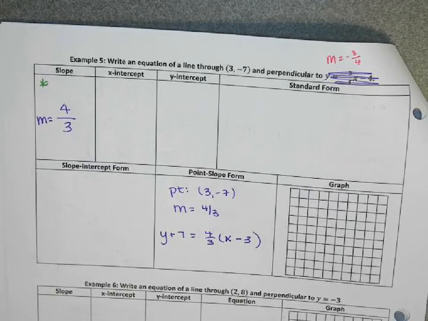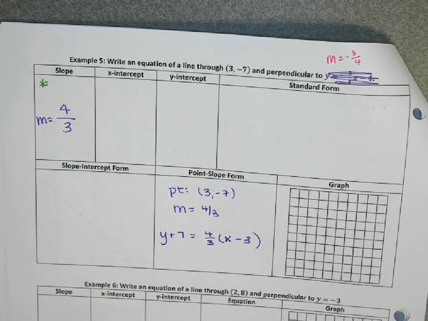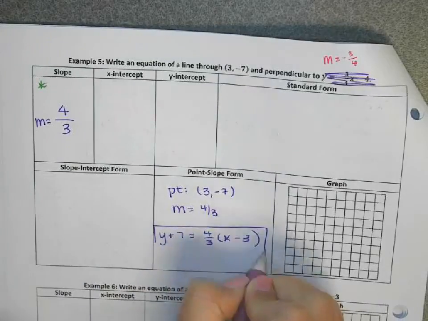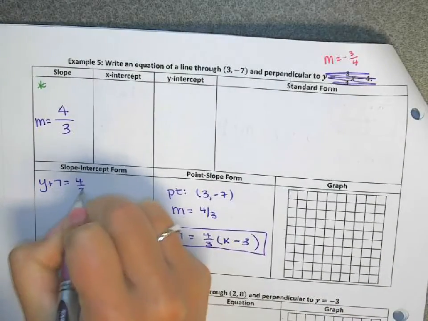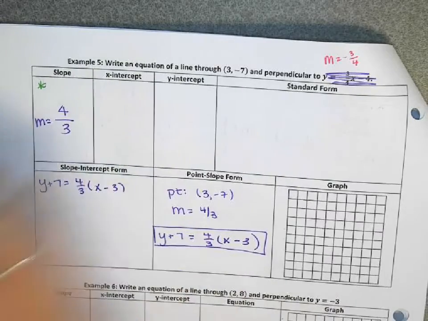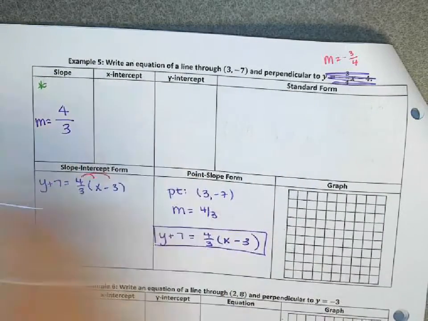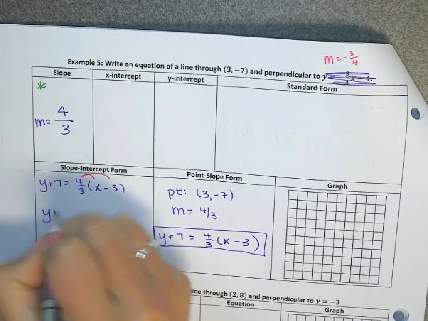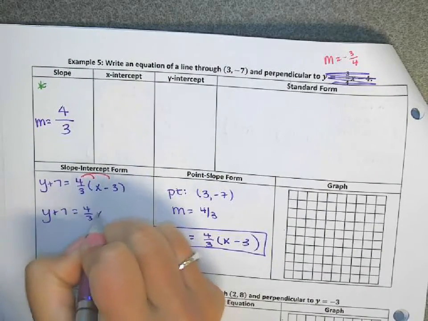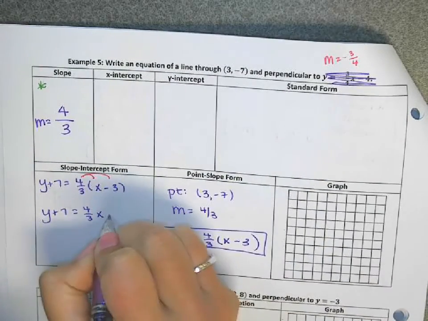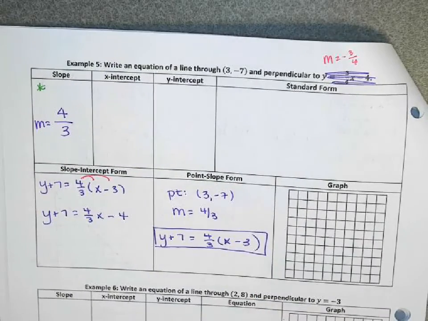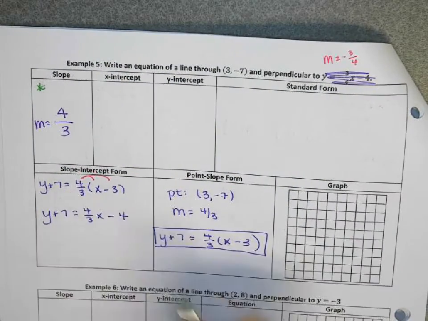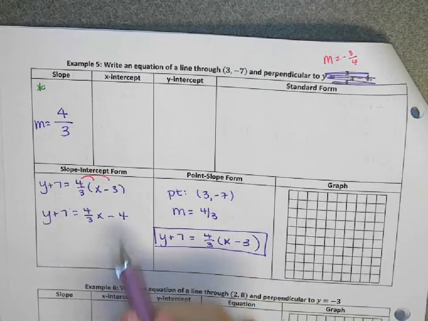Okay. I'd probably go to slope-intercept form next. So we have y plus 7 equals 4/3 times (x minus 3). I would distribute that 4/3. -3 times 4/3 is -12/3, which is -4.